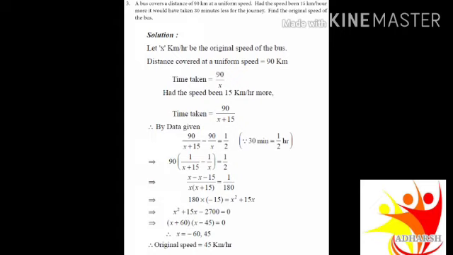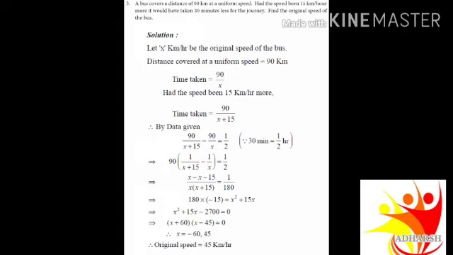So x plus 15 minus x, divided by the denominator x into x plus 15, equal to 1 by 2. So 2 into 90, that equal to 180. Therefore the numerator: plus x minus x is cancelled, remaining plus 15.